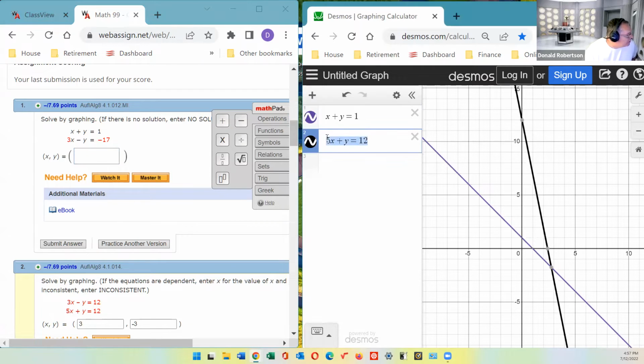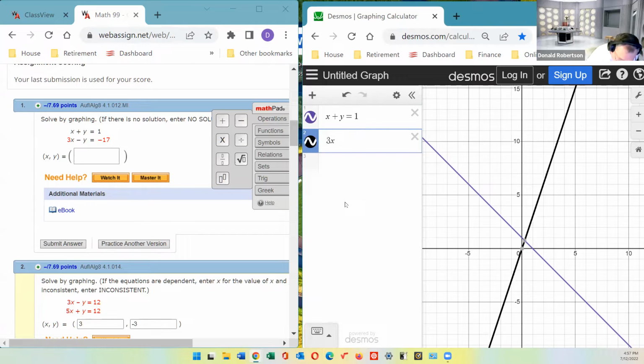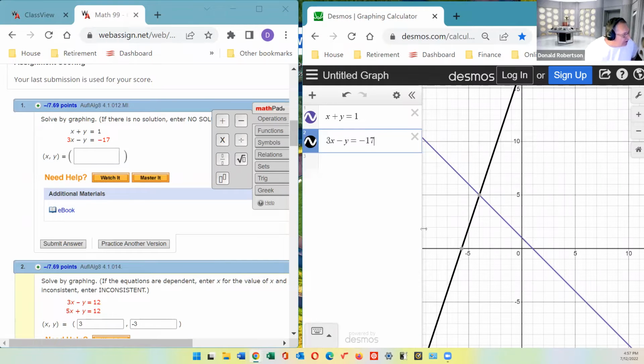It belongs over here. 3x take away y equals -17. And in this case, one solution again. So -4, 5. Let's check that out.